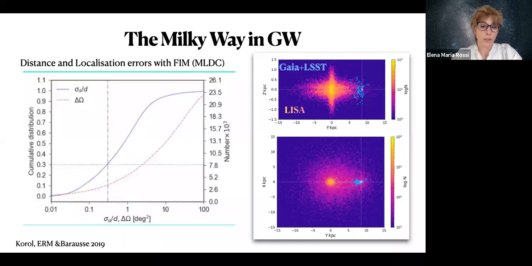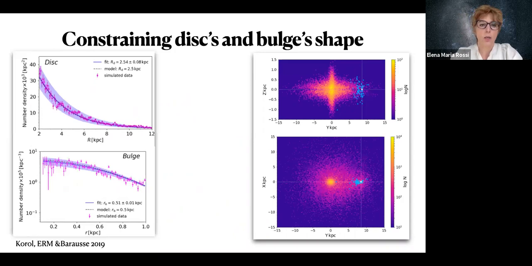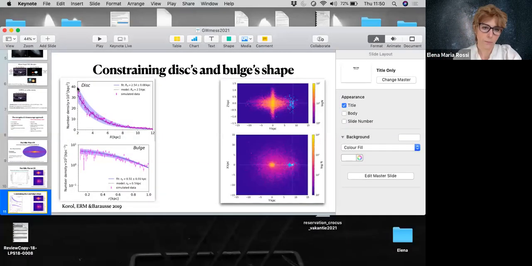What I'm showing here is the localization and distance error that we calculated with the Fisher information matrix, and that we used together with the density distribution to make mock simulated LISA data, which are the pink ones that you see on the left. So this will be the disk profile, and this is, for instance, the bulge profile, and its fit.